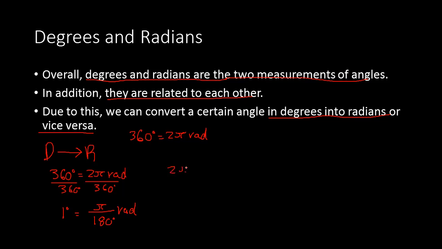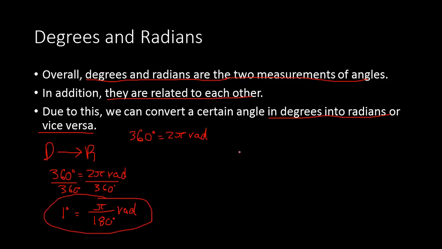We have 2 pi over 360 once we divide 2 pi by 360, but since both are divisible by 2, we can cancel them out. The 2 becomes 1, and the 360 becomes 180. Therefore, 1 degree is equal to pi over 180 radian. If you want to convert degrees to radians, use this.